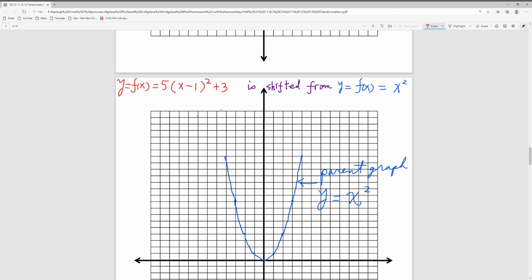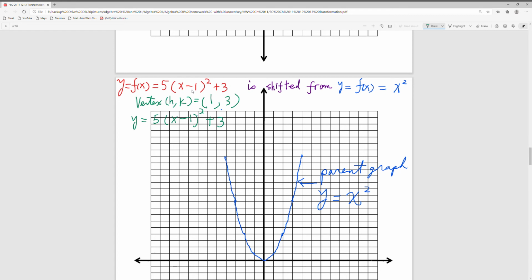So right now we can easily find the h, k, right? Vertex. H is the number with x taken away, so it's the opposite sign. And the number, the whole thing plus, is 3. So I want to emphasize y equals 5 times x minus 1 squared plus 3.